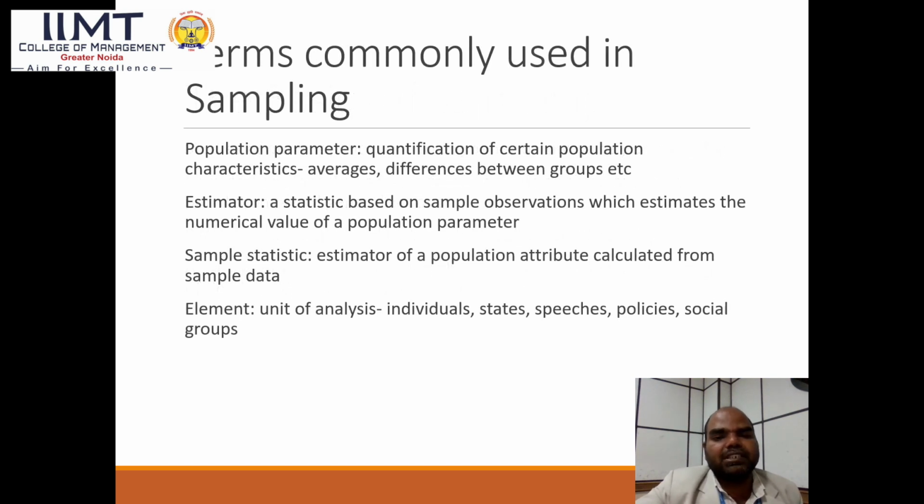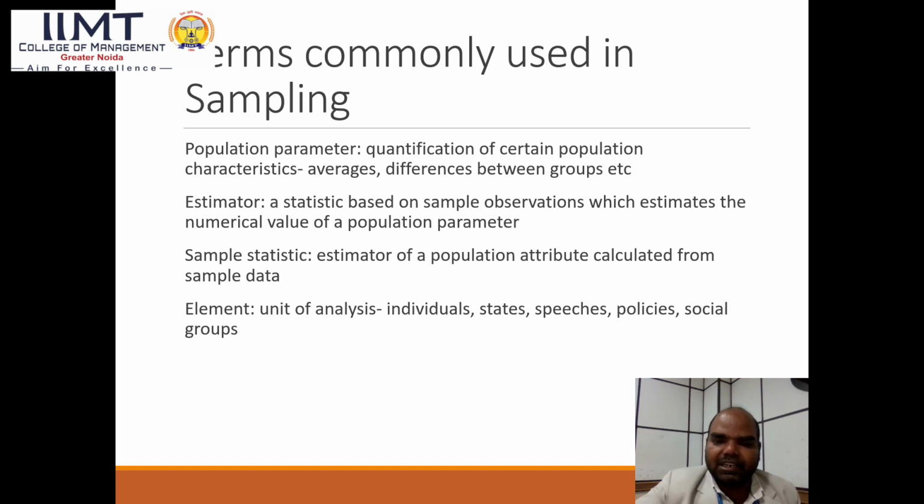Terms commonly used in sampling: population parameter, estimator, sample statistic, elements. Population parameter is a quantification of certain population characteristics, such as average, difference between groups, etc. Estimator is a sample statistic based on sample observation which estimates the numerical value of the population parameter.